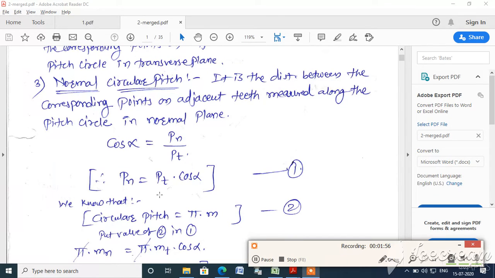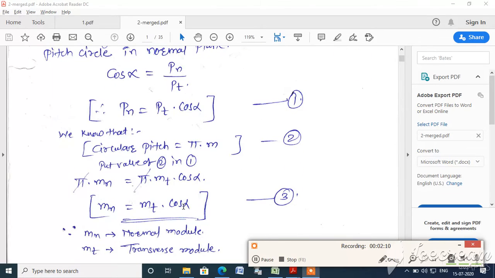So we have to put the value here. So Pn is pi into Mn. Mn means normal module, where M means module. And Pt is pi into Mt, where Mt is transverse module, into cos alpha. So pi gets cancelled and we will get one relation: Mn equal to Mt into cos alpha. So Mn is normal module and Mt is transverse module.